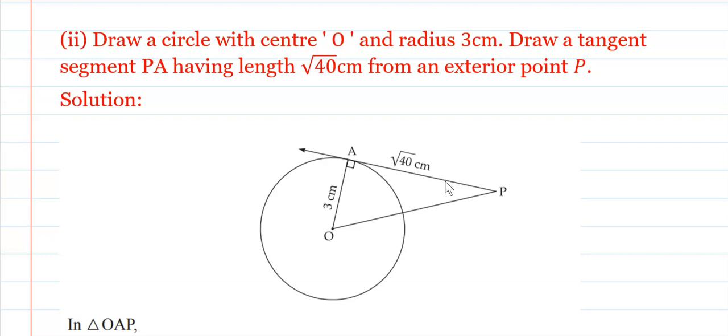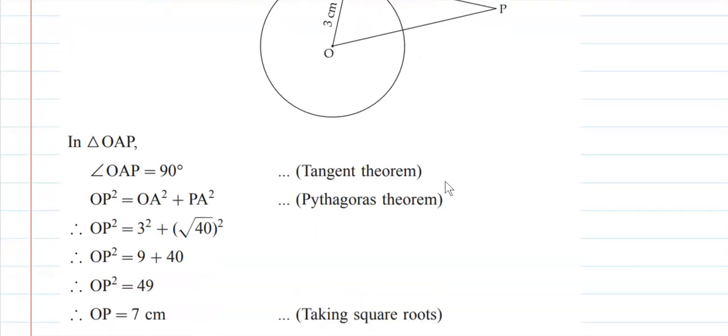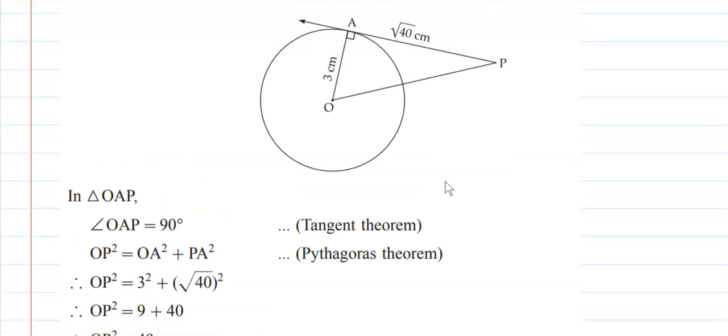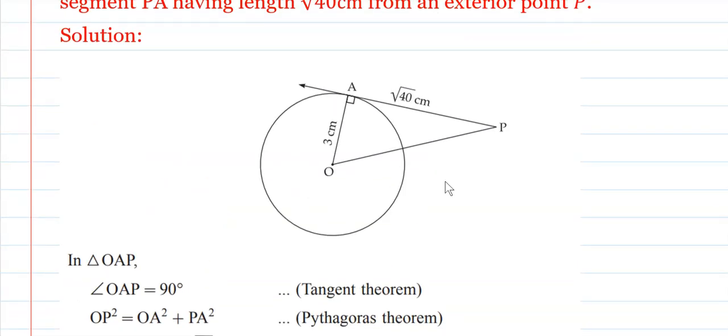We know the length of this tangent segment, so we will find OP, the distance of point P from the center of the circle. Angle OAP is 90 degrees by the tangent theorem. OP square is equal to OA square plus PA square. Therefore, OP square is equal to 3 square plus root of 40 square, that is 9 plus 40, which is 49. Taking the square root, OP is equal to 7 centimeter.